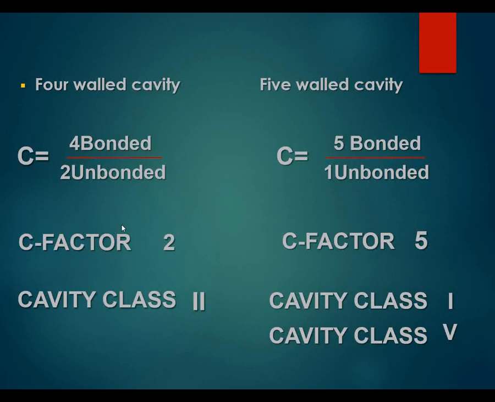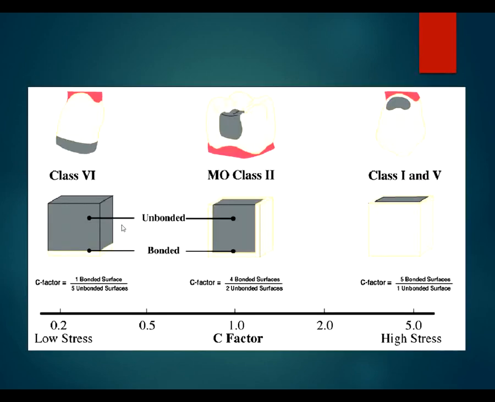And class 1 and class 5 cavity has a very high C factor, which is 5, because class 1 and class 5 cavity have 5 bonded surfaces and only 1 unbonded surface. In the picture you can see class 4 will have very low stress, and class 1 and 5 will have high stress.